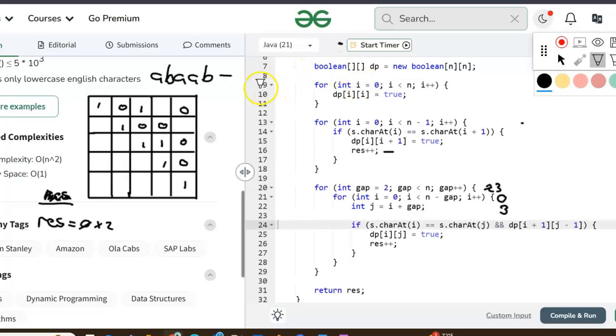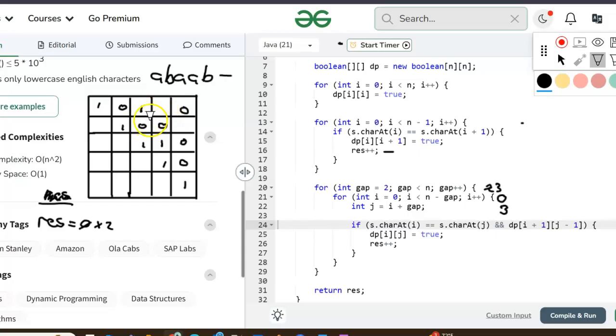Are those equal? 0, 3. Yes. So then we look at what is it? 0, 3. It would be 1, 2. 1, 2. It's right here.